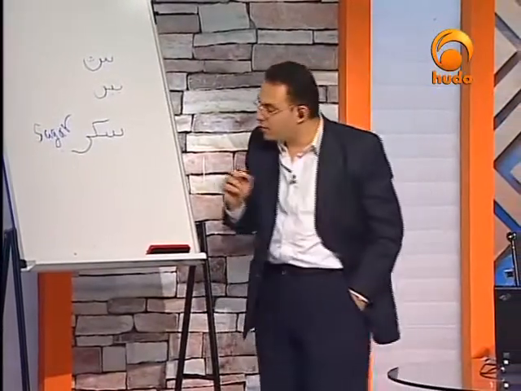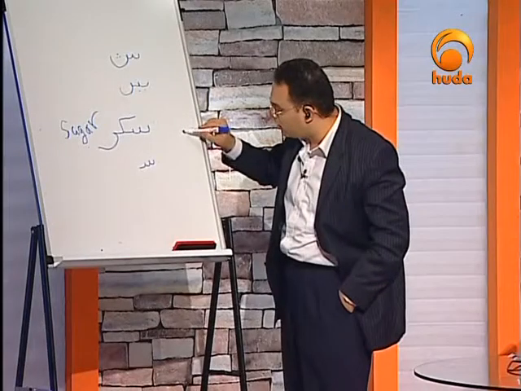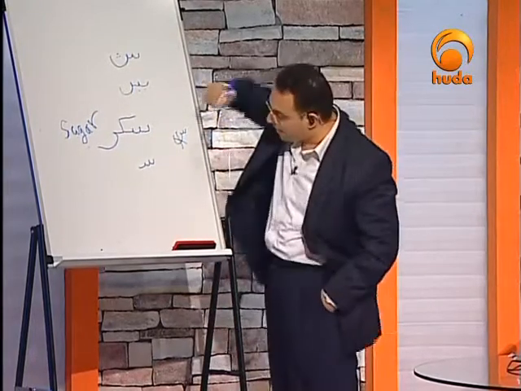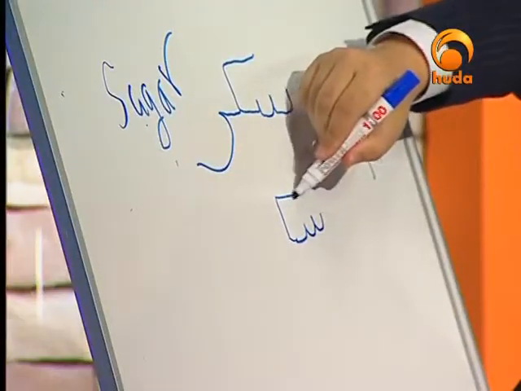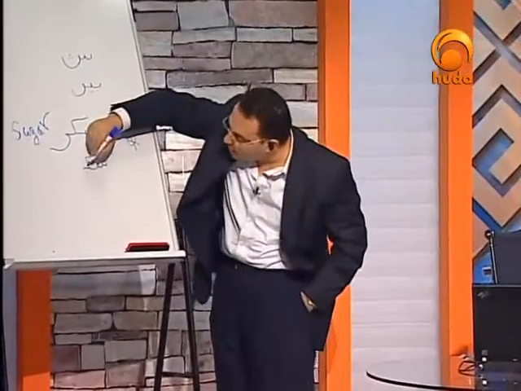Again, sa here comes in initial position. Although we write sa with a tail, here we don't have a tail because it comes in initial position. Then we have ka, which we have not discussed so far, but we can discuss in the upcoming episodes. And then we have ra here.